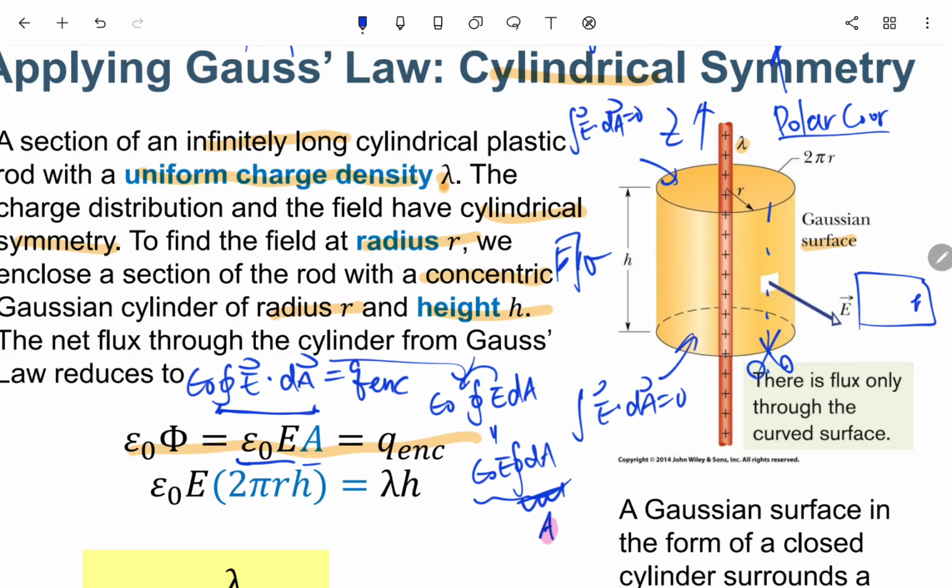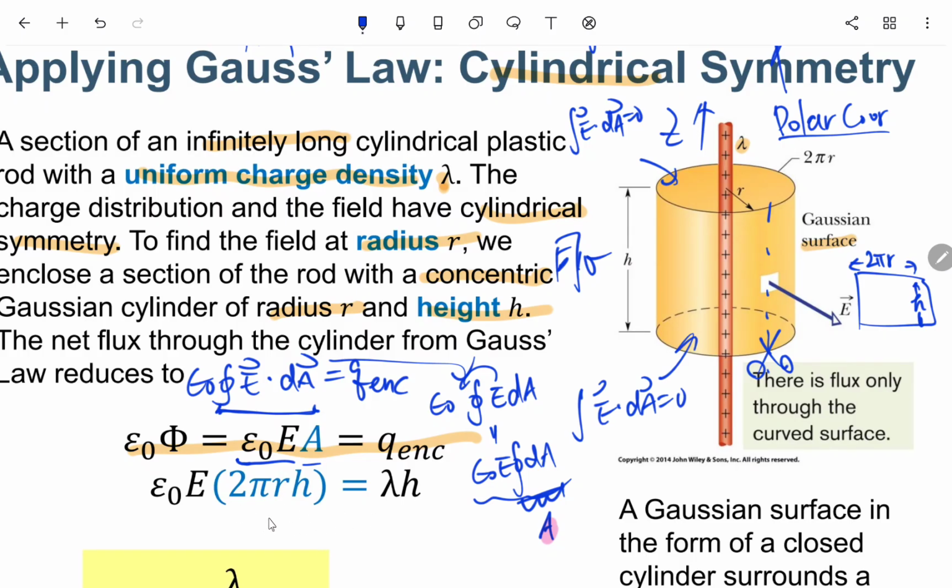The height will be h, and the width will be 2 pi r, because this is the circumference of a circle. So the area must be the width times the height, which is 2 pi r h.